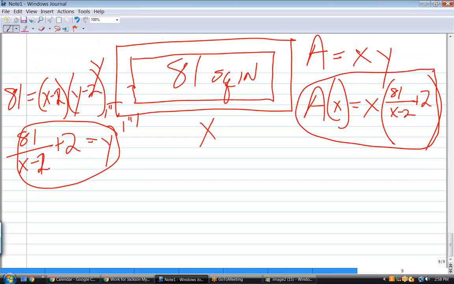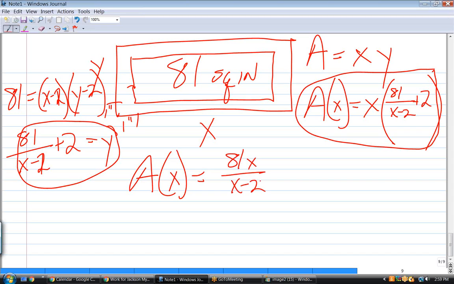I have no idea what x and y are, but I know I want the smallest possible area for this large sheet of paper. Well, as a function of x, what do we have? We have 81x over x minus 2, plus 2x. So far, so good? Mm-hmm.